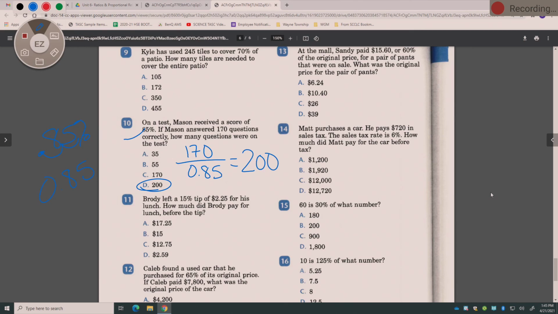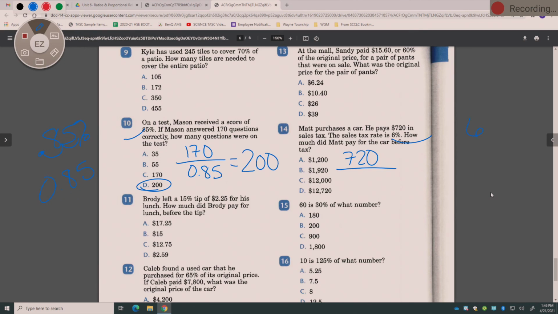Last one, 14. Matt purchases a car. He pays $720 in sales tax. The sales tax rate is 6%. How much did Matt pay for the car before tax? So my part is 720, 6% as a decimal.